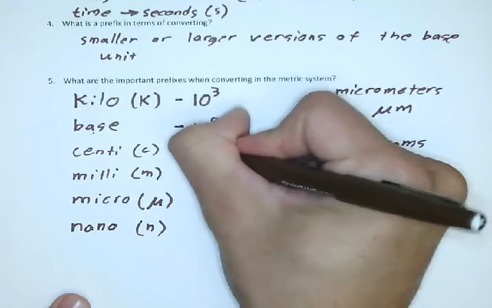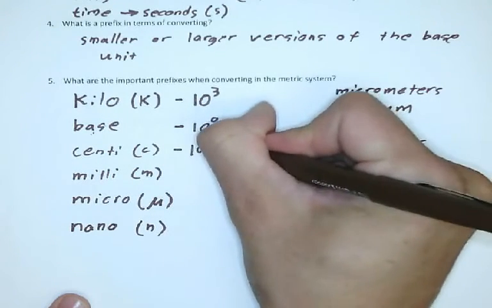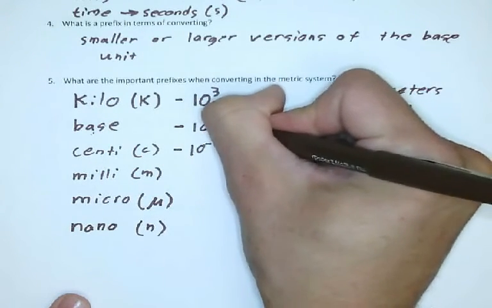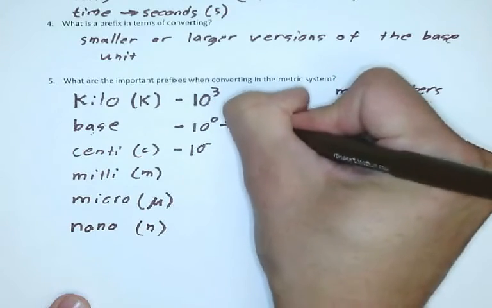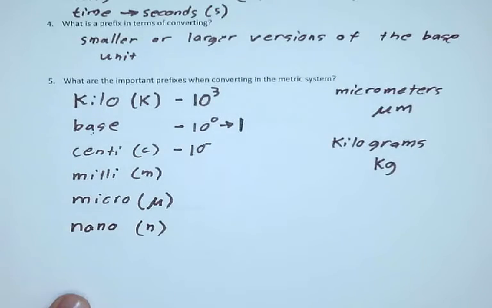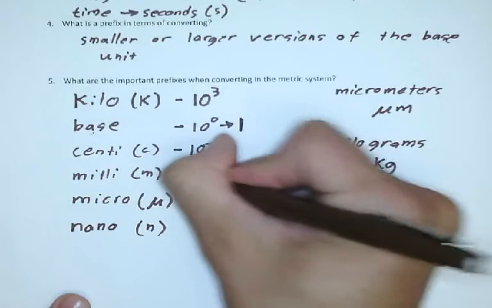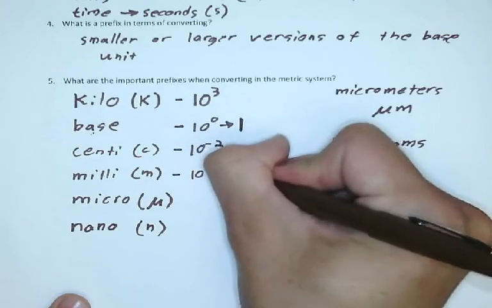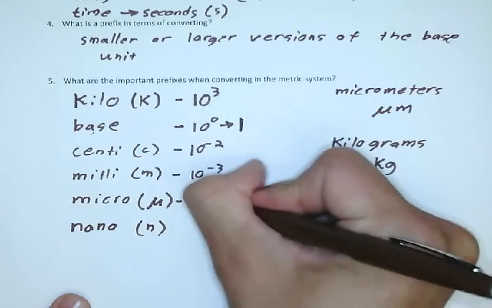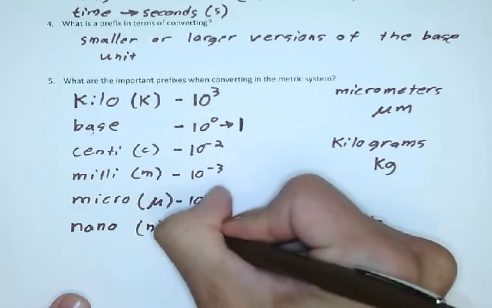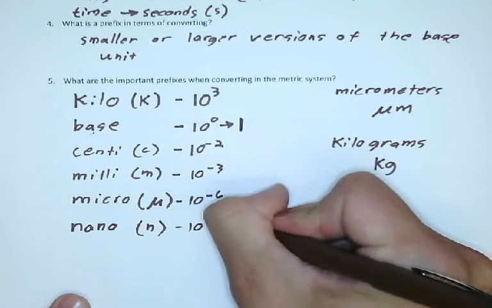Centi gets a value of 10 to the negative 2. I'm going to go ahead and put on here that that's just 1, so you don't get confused. Milli is 10 to the negative 3. Micro is 10 to the negative 6. Nano is 10 to the negative 9.